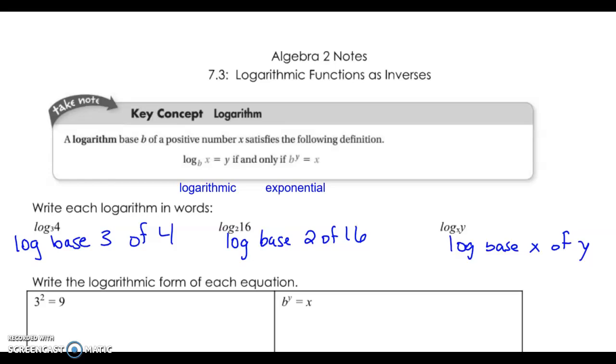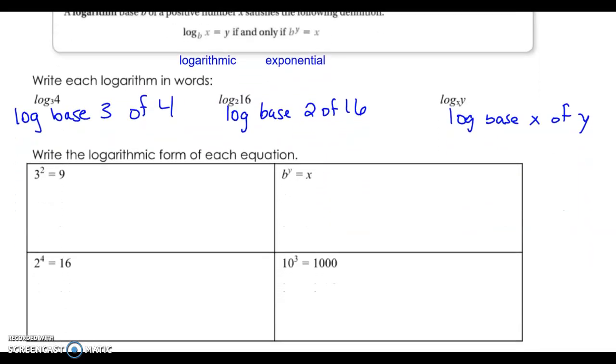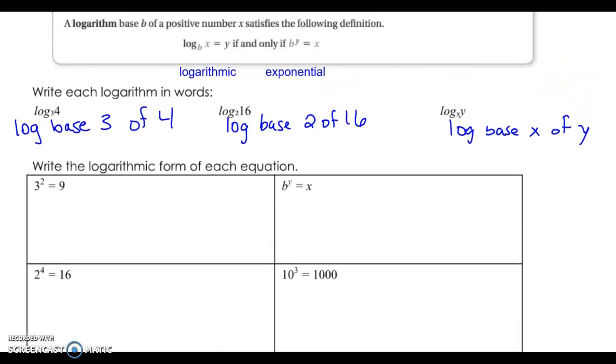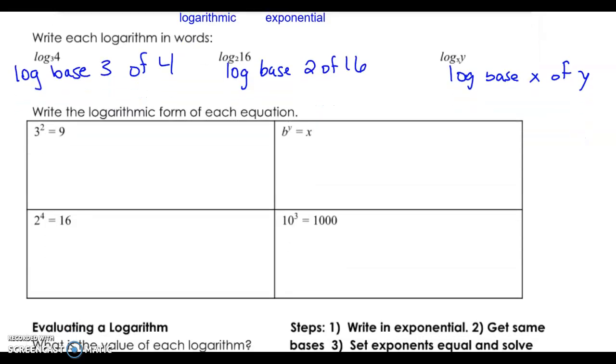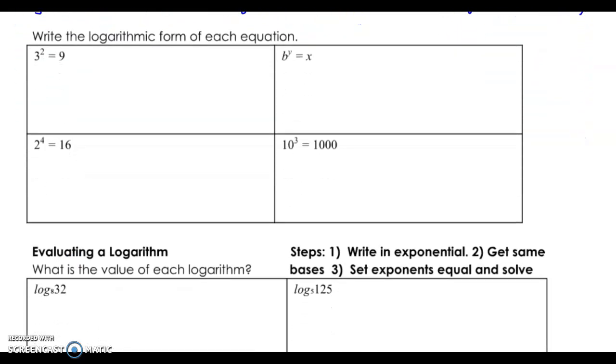What we're going to do next is take these exponential functions and write them in logarithmic form. Again, we're just practicing. We're not solving anything out. We'll evaluate those in a little bit.